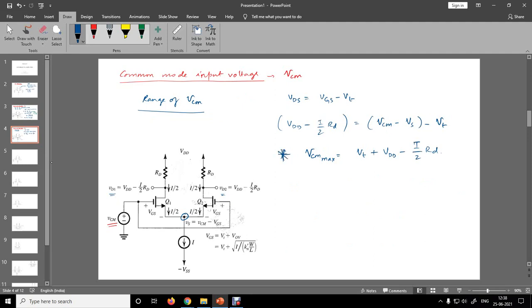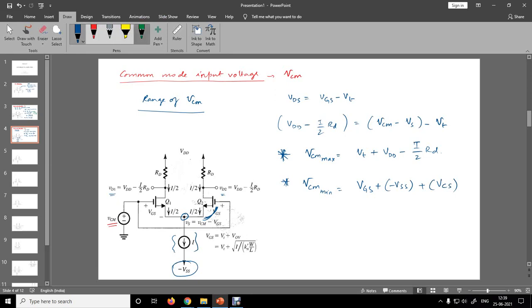Similarly, VCM min should be VGS plus the voltage minus VSS, plus whatever small drop appears across the current source I. I will call it the current source voltage VCS.